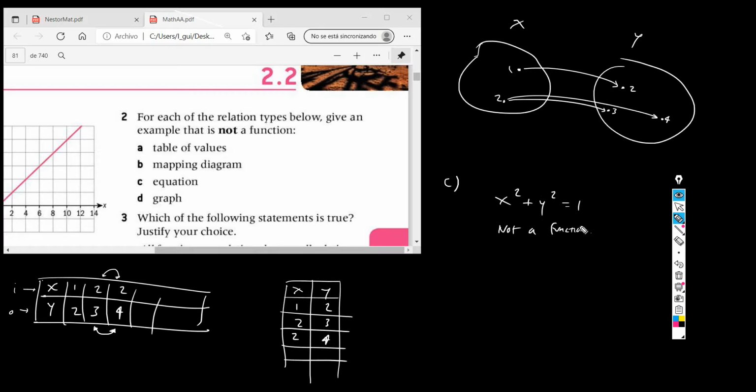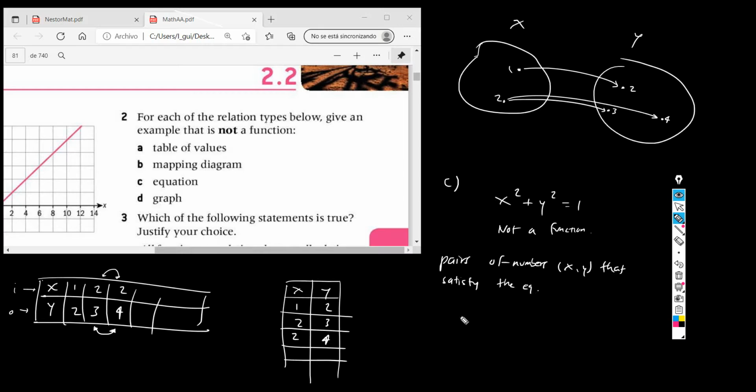Why not? Because of this. If you think of this equation and all the pairs of numbers x comma y that satisfy this equation, and what do I mean by that?